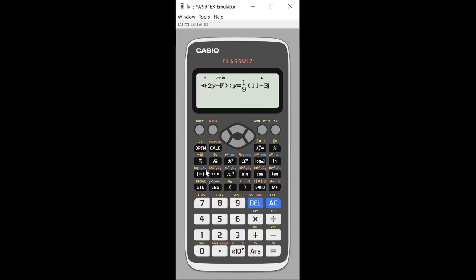What was the new x? Alpha a. Then plus 2 z. What was z? Z was your f, so 2 alpha f. You can take any variable, I'm just taking whatever comes to my mind. Then close the bracket, then again a colon for the new equation.